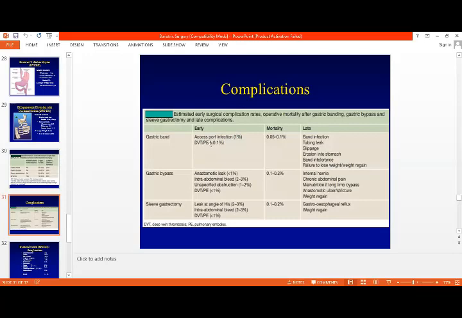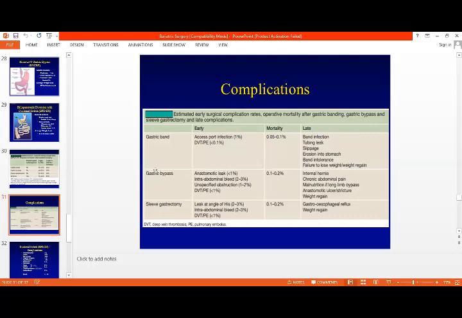DVT and pulmonary embolism is the leading cause of death in these patients. And port infection, band infection, tube may be leaked, tube may be loose, tube may be tight. It can erode into the stomach, or sometimes there is failure of the weight loss, and there may be weight gain as well. So these are the complications. They are not very life-threatening complications.